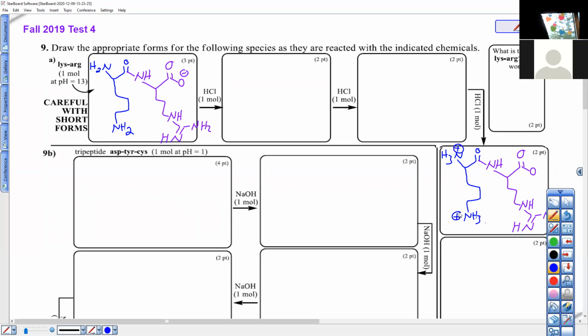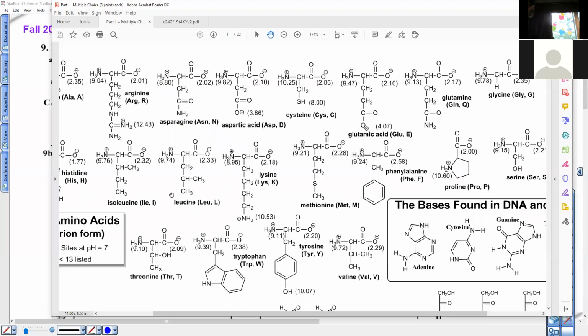And we'll go get numbers for all of these. Let's just do them in halves. I want the alpha ammonium, alpha to the carbonyl, and the side chain ammonium for lys. Don't forget, I only need the numbers rounded to the first decimal.